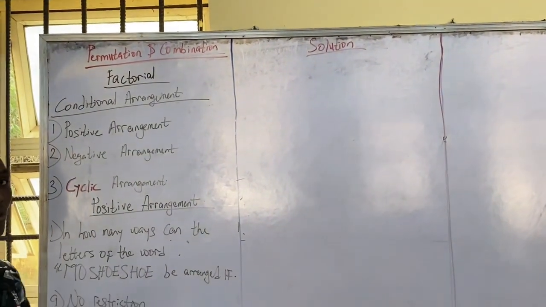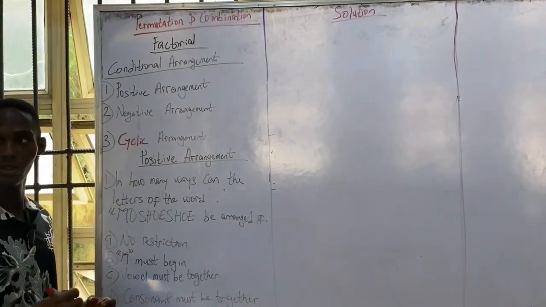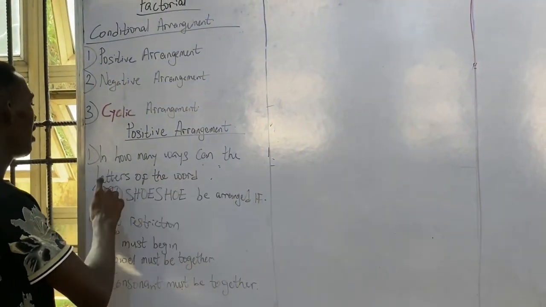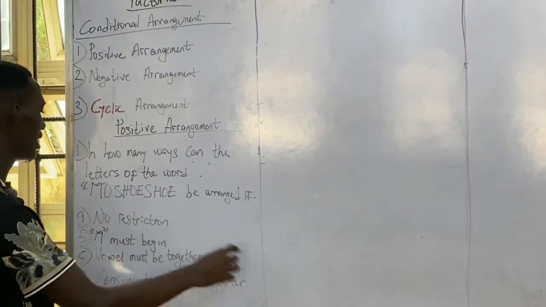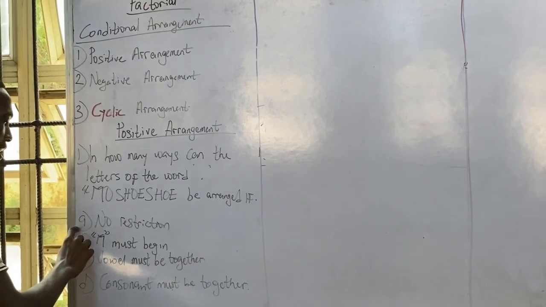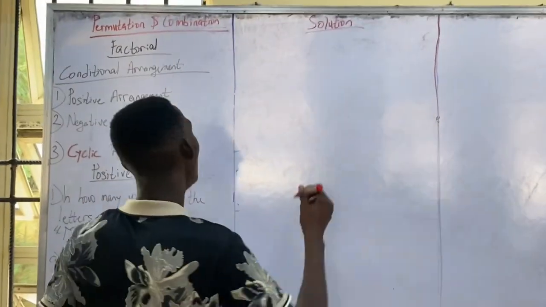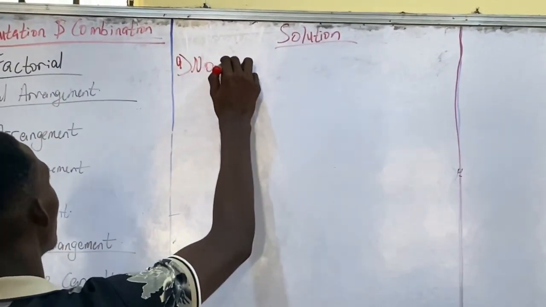Please pay strong attention to what I'm about to say. In how many ways can the letters of the word Moshushu be arranged if A, there is no restriction? So, requirement A, no restrictions.